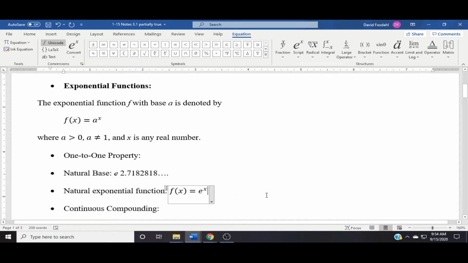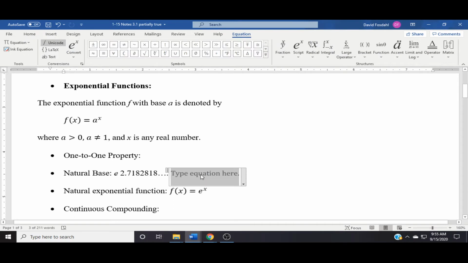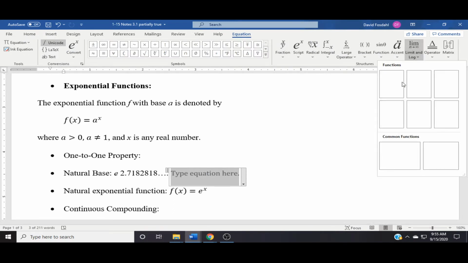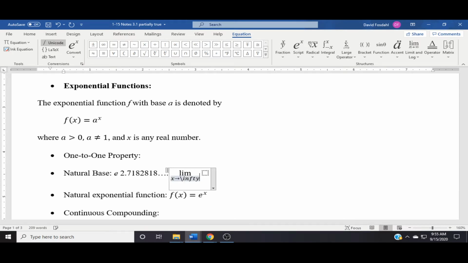Now, this natural exponential function is going to be crucial. This idea is actually from a limit. So I'm just going to write it. You don't have to understand it yet. It's a limit as x approaches, it could go two ways, let's just do infinity because it's easier, as x approaches infinity of 1 plus 1 over x to the x.